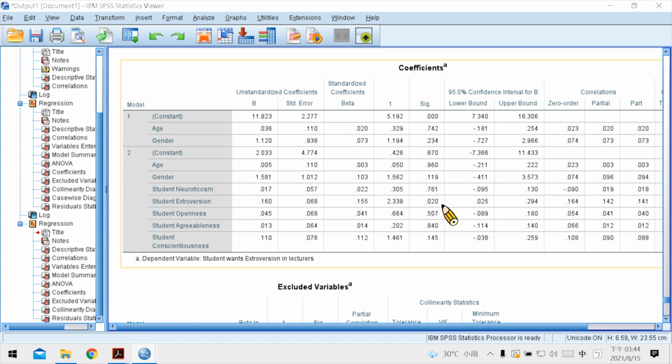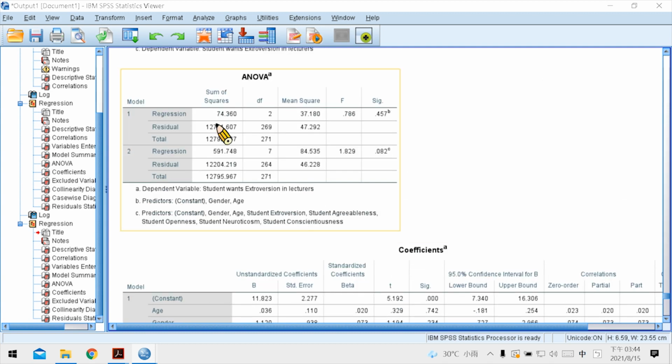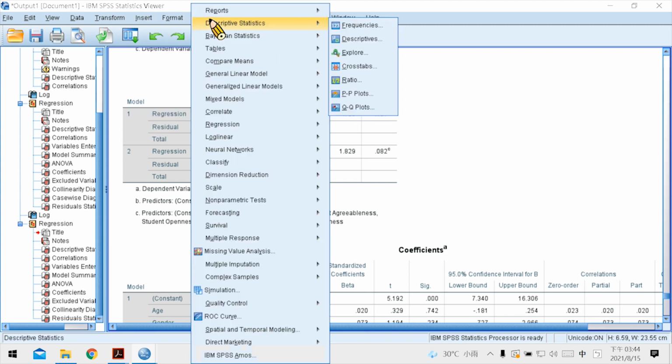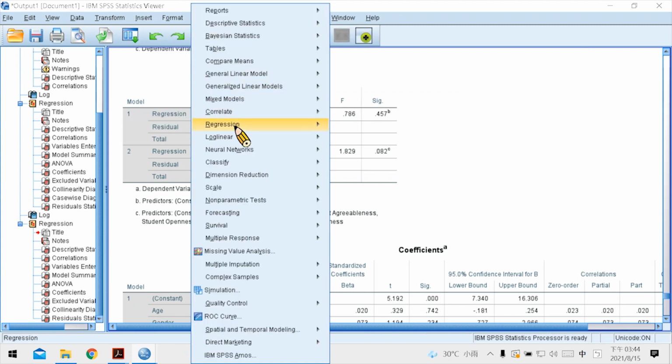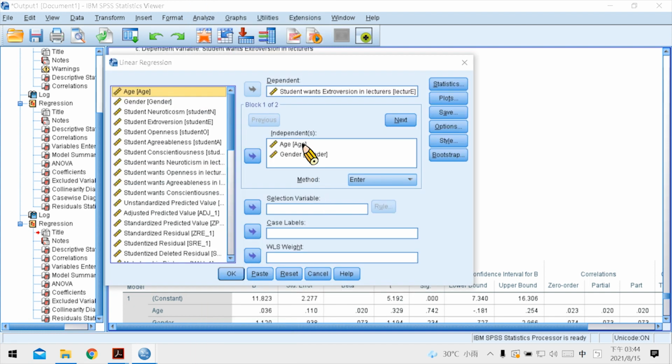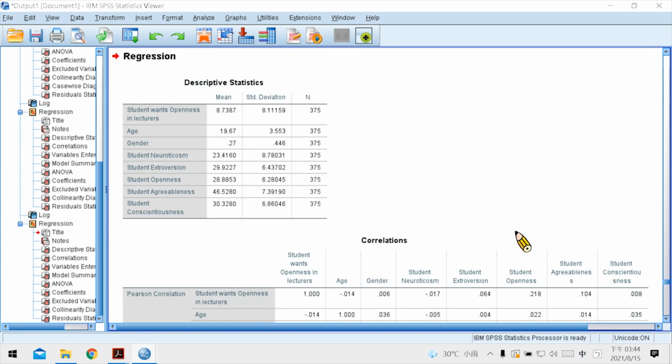And the third one, do the same. Analyze, Regression, Linear. Okay, so we'll change to the student 1 openness in lecture. Okay.